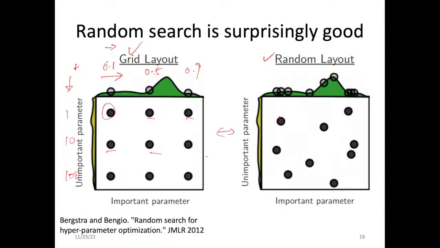For all the different hyperparameters, usually only a few of them really matter. Only a few of them really influence your result. Most of them don't really influence your result that much. So let's assume that for these two hyperparameters, this one is an important hyperparameter. Whether it's 0.1 or 0.5 or 0.9, that really matters. And the other one doesn't change that much. So for the first hyperparameter, when you give it different values, they will give you different accuracy.